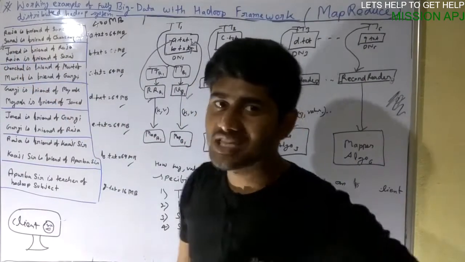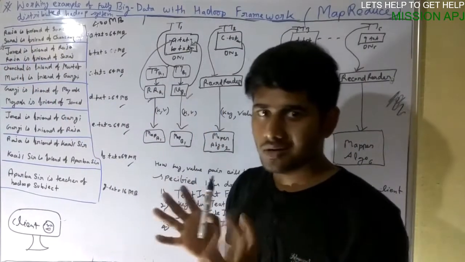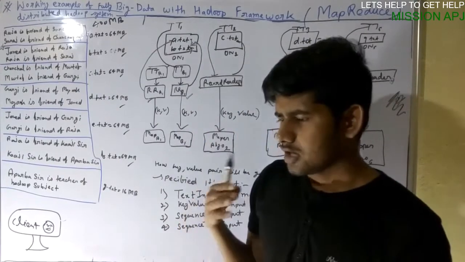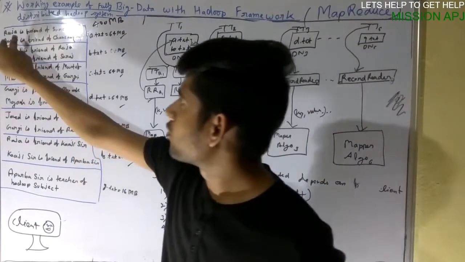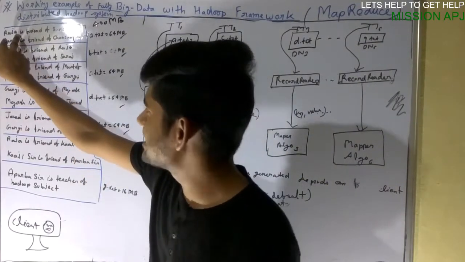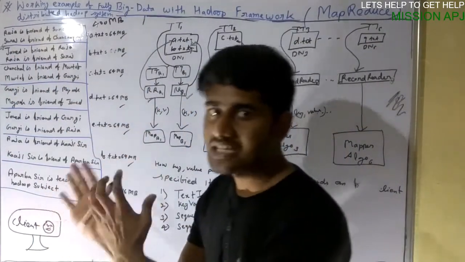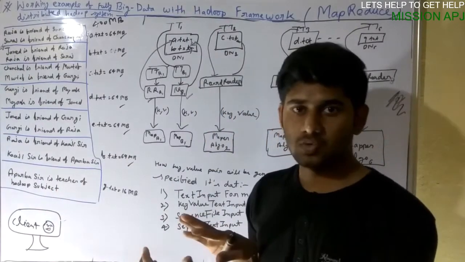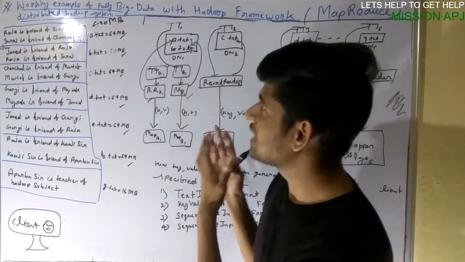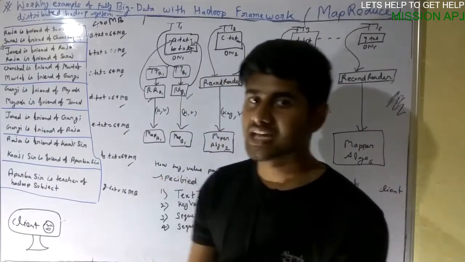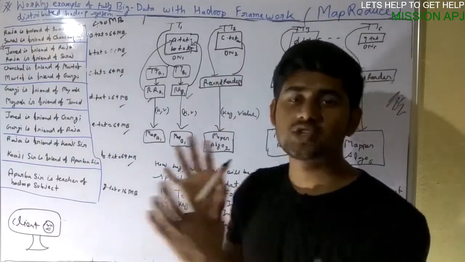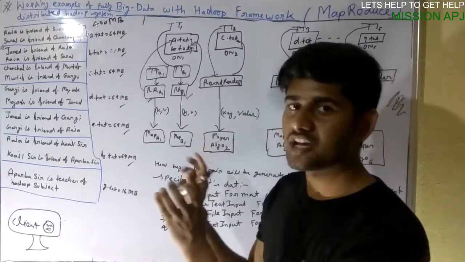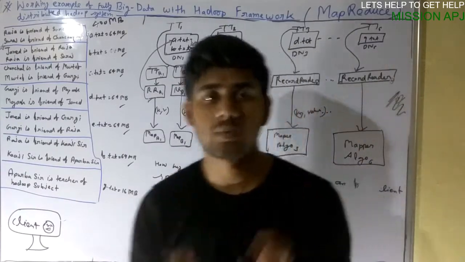That first space, that is a tab, will be understood by this record reader. What it will do is take the Raja part before this first tab as the key, and the rest of the part of the line will be taken as the value. So Raja is your key, and is friend of Suraj is your value. So Raja comma is friend of Suraj is the key comma value pair.